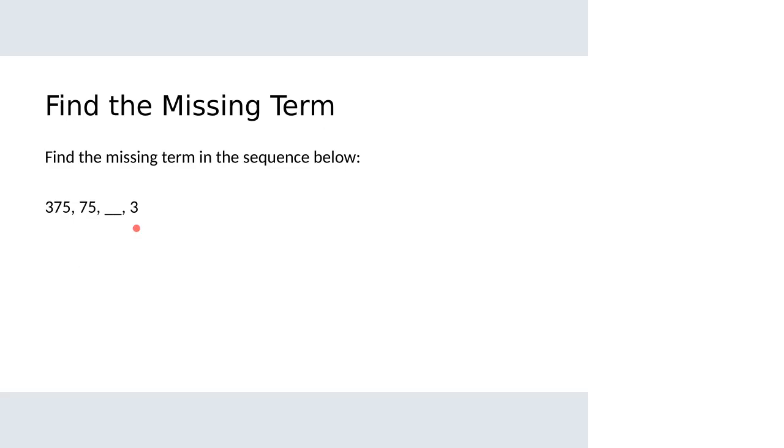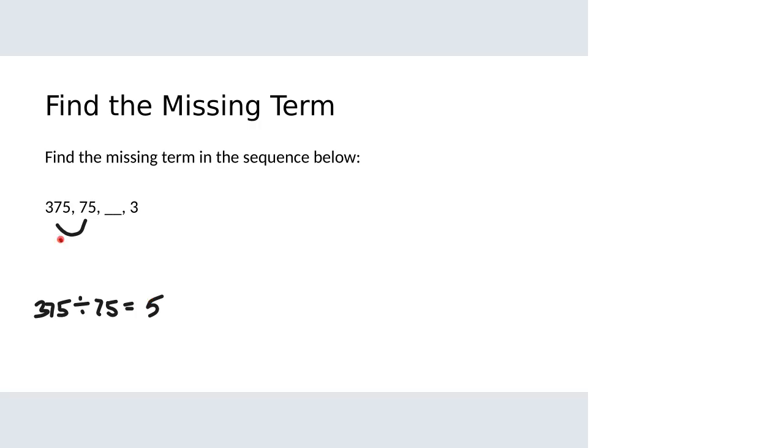So this is not an arithmetic sequence. It might be geometric, which means we multiply or divide by the same. Oh, we could divide. So what do we divide by to get from 375 to 75? I don't really know, but I can find out by just doing it. If I do 375 divided by 75, that's 5.